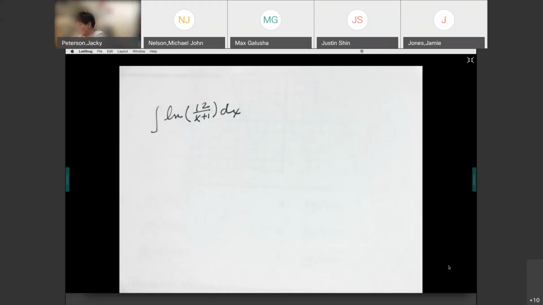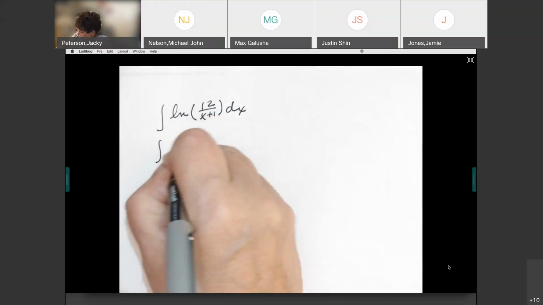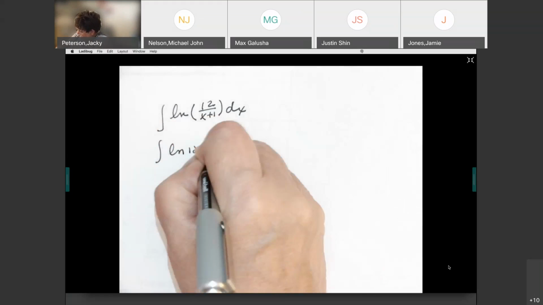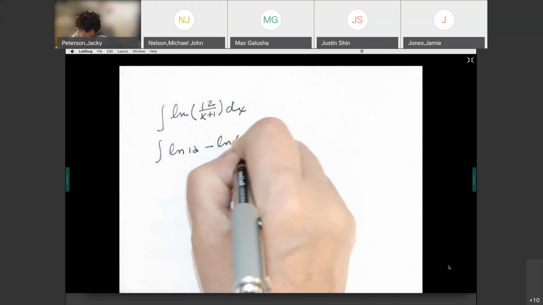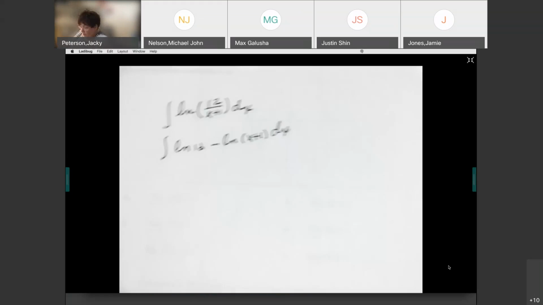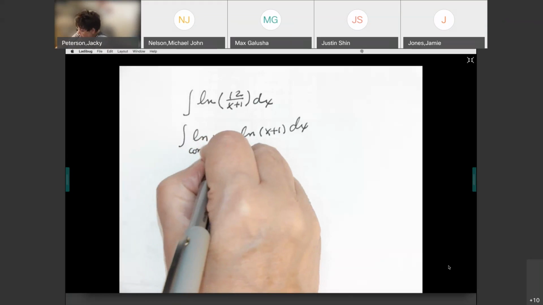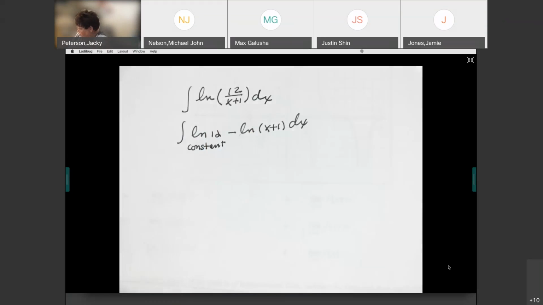And I like this problem because you could use the properties of logs on it. This is just a constant. It's just a number.